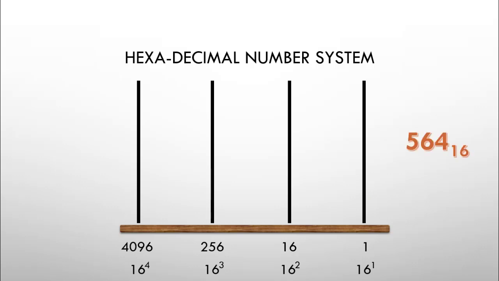Let's say I need to represent 564 base 16 in this counting frame. 4 will be the last value, so I will be using 4 beads here and 6 beads here, and the final one, 5 beads for 256.